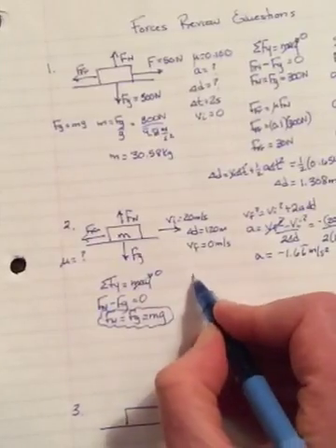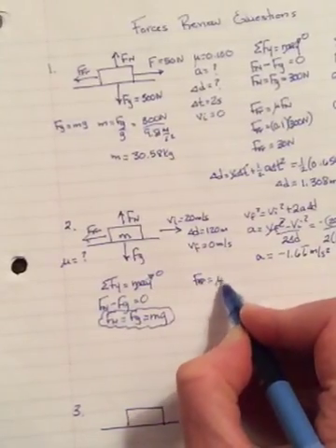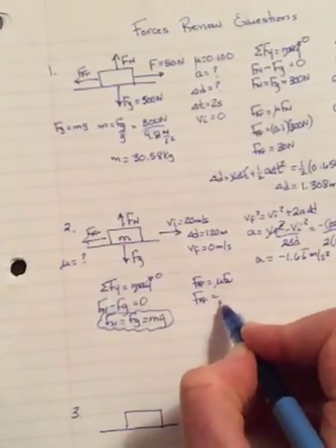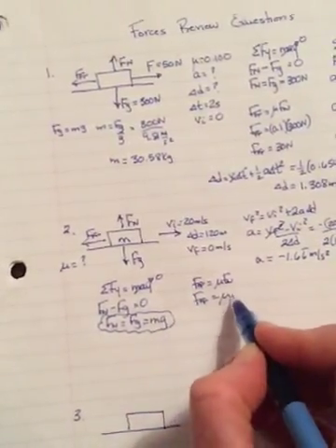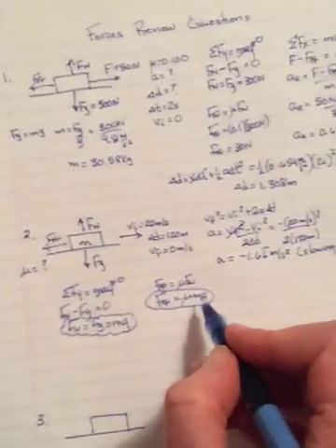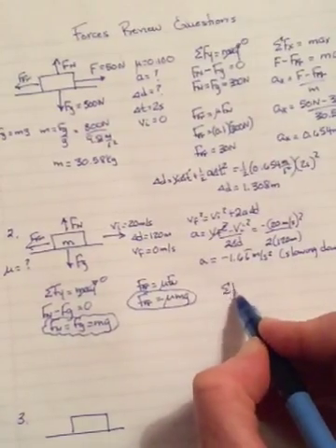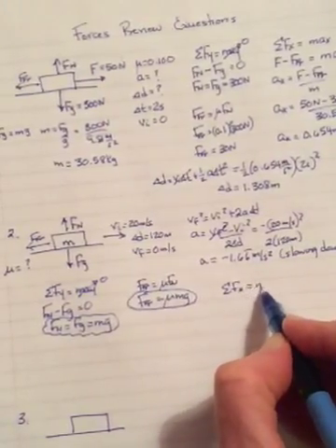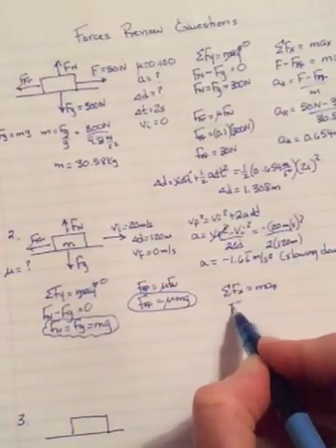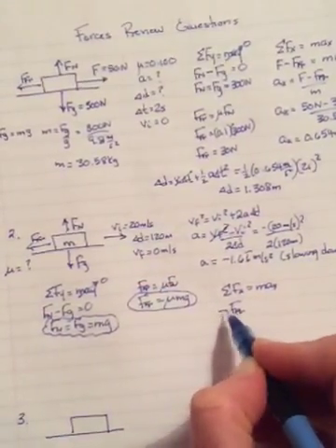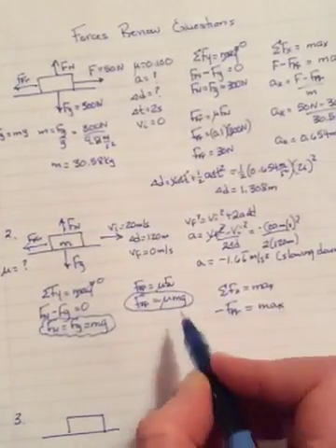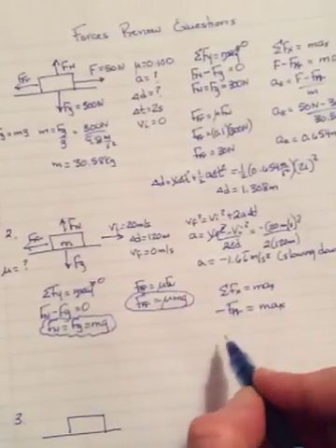We're going to go to friction. FFR is equal to mu Fn. So friction is equal to mu times, and Fn we just found to be mg. So friction is equal to mu mg. And now we go to the x direction. Sum of the forces in the x equals max. The only force in the x direction is friction. And it's opposite motion, so it goes in as a negative. And that's equal to max. But friction is mu mg.